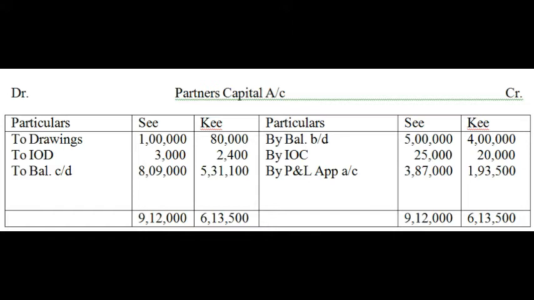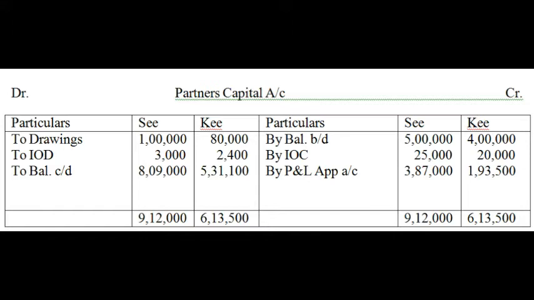On the debit side, you are seeing drawings of 1,80,000. The second item is IOD, 3,000 and 2,400, and after making adjustments, the final figure, the closing capital of C and Key, comes to 8,09,000 and 5,31,100. This is the closing capital which will be taken to the balance sheet when the balance sheet is prepared.